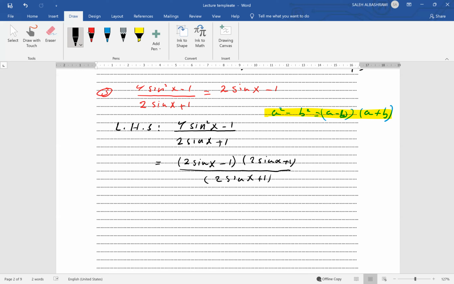Now we have common factor. 2 sine x plus 1 will be cancelled, so I will have 2 sine x minus 1, which is equal to the right-hand side. So it is already now verified.